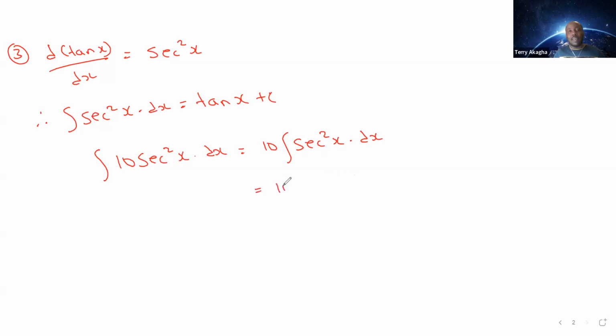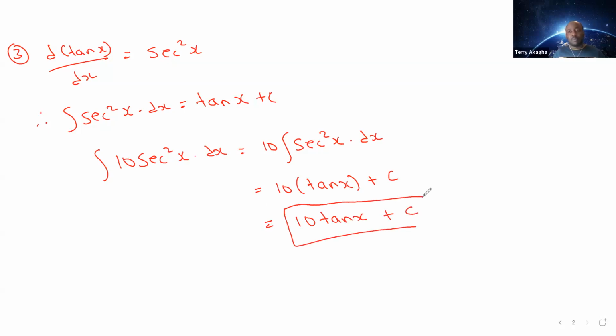So it's going to be 10 tan x, then plus what? C. Remember, because it's an indefinite integration, you need to add C. In order to get C, you need other information to get the value for C, all right? We'll talk about that in the rest of the video, but we're just talking about the standard integral derivatives today. So the answer we're going to get is 10 tan x plus C. And that is the answer for that.